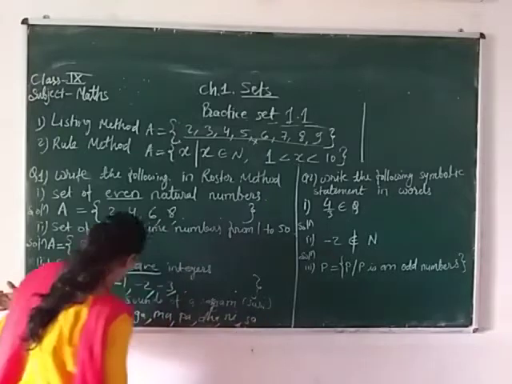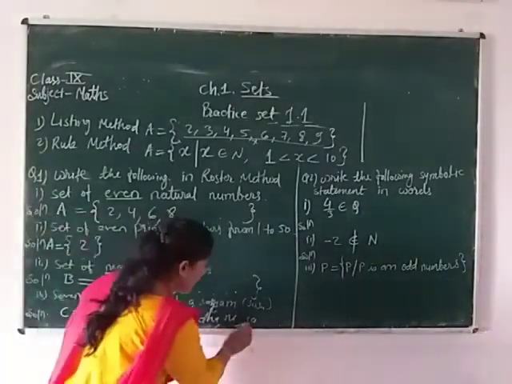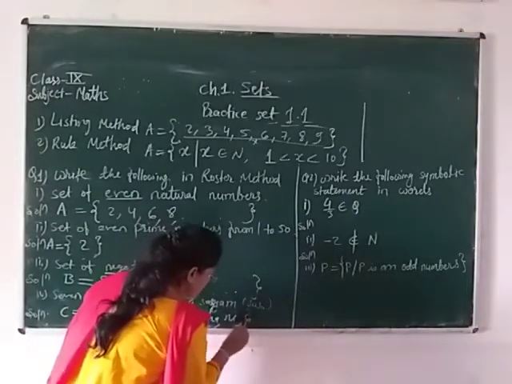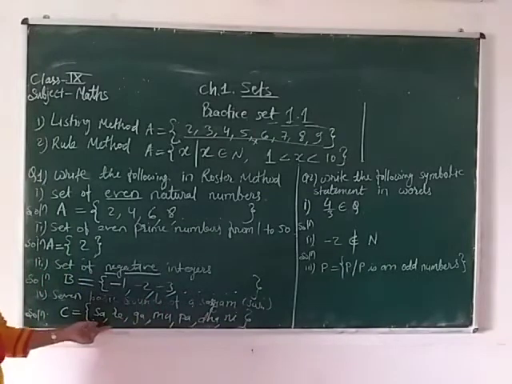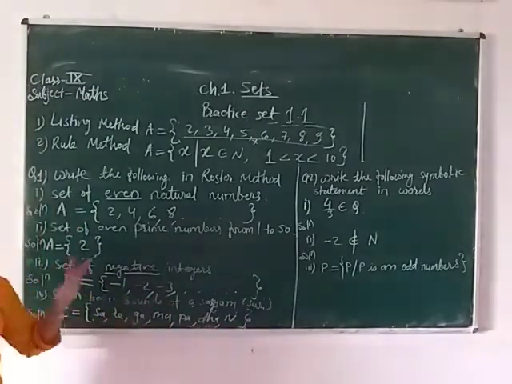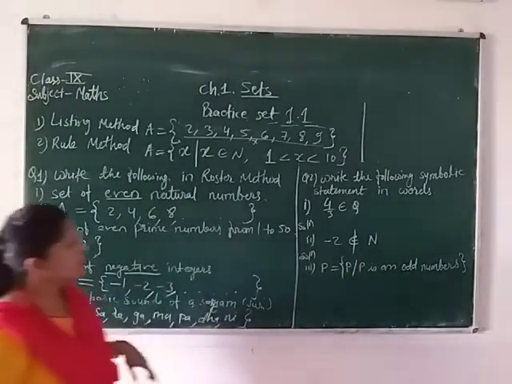But we can never take repeated elements, so write each only once, because the elements come only once. That's why this is the set C.